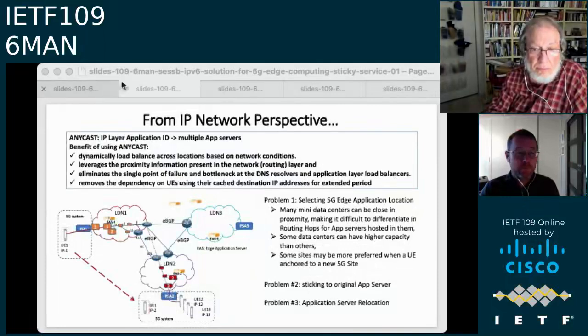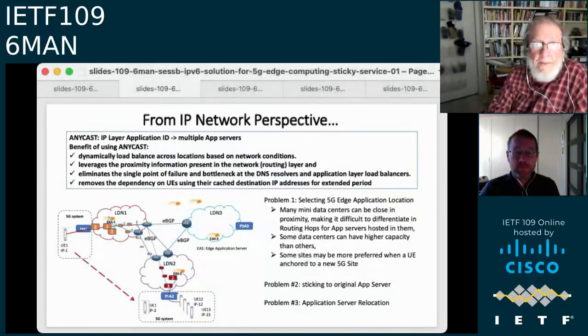Also, many clients or user devices may use their cached IP addresses for an extended period of time. So if we use the DNS server at each LDN, some of the clients may not even bother to do the inquiry. Of course, using Anycast among multiple servers in close proximity also brings up issues, because they are so close to each other in a 5G network.